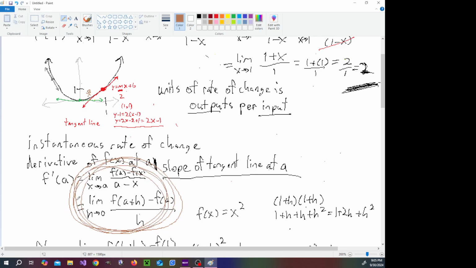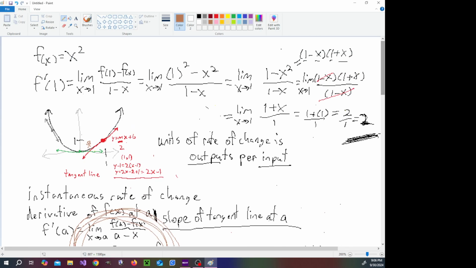Now, it turns out which one you choose is entirely up to you. It is a matter of preference. Now, this one, the top one, generally speaking, is a little bit more algebraically involved, right? You had to do this division right here.